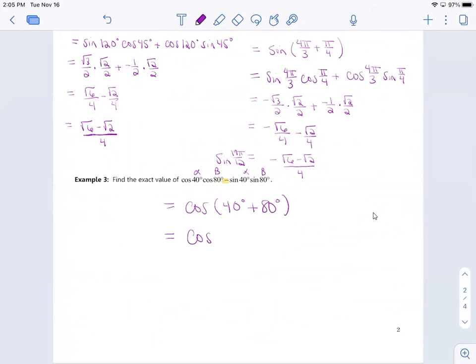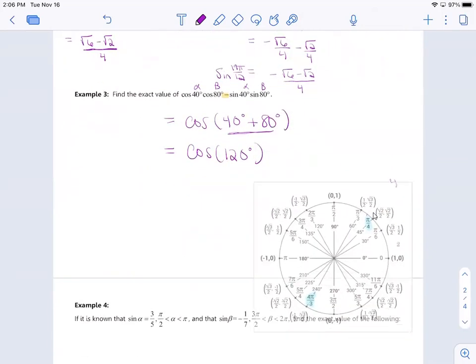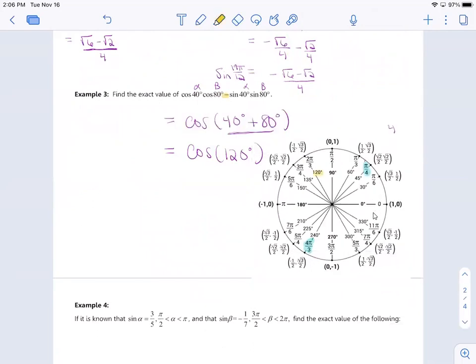So that's why I couldn't evaluate it using my unit circle. But now I can add these two angles together. I get 120 degrees. And that is good news for me because if I look at 120 degrees, which is right here, my cosine is -1/2.